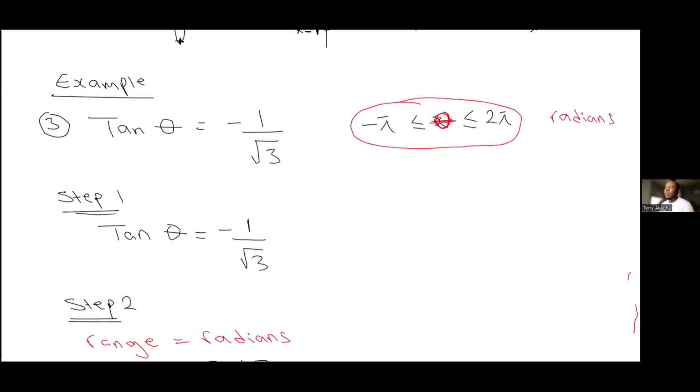It's meant to be theta because we're working with theta here, not x. Okay, theta. So to make it easy now, we can see that the values we are looking for are within this range here. Good.